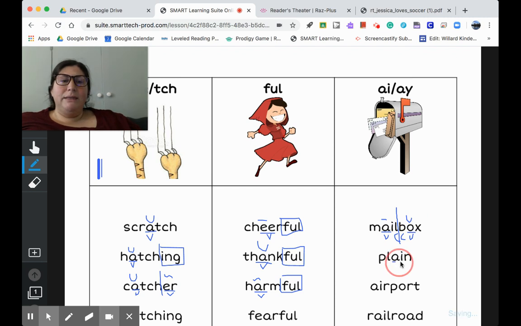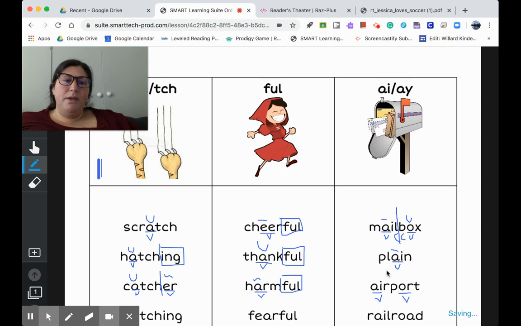Next one, plain. Plain has two spellings. This is like plain paper. A plane like the one in the air is spelled with magic E. This is an AI, says A. So this is similar to mailbox. I'm going to underline my vowels, mark them with V's.